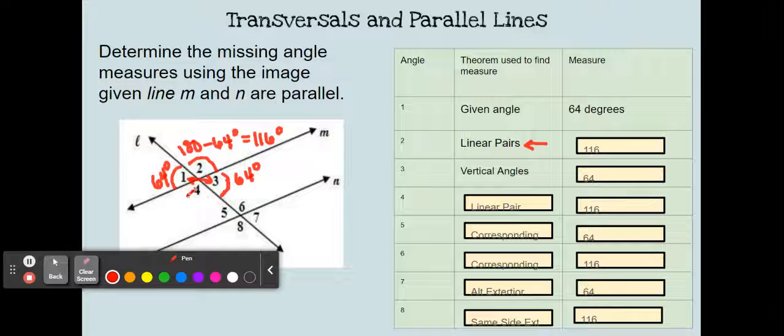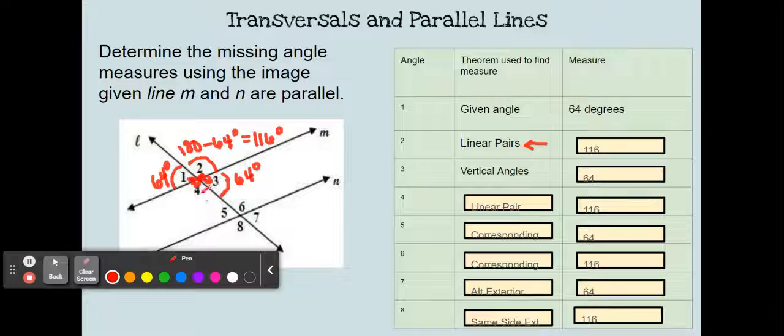4 is a linear pair, either to angle 1 or angle 3. You could also say that it is vertical to angle 2. So vertical angle would work there as well, but 116 degrees.